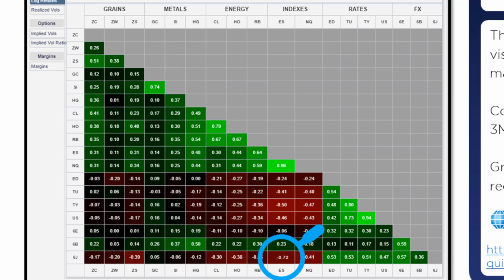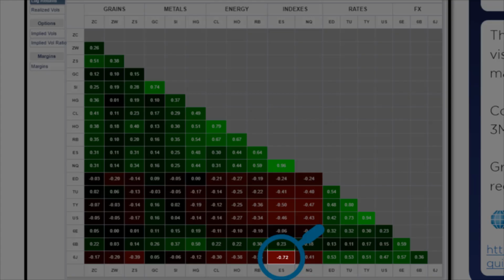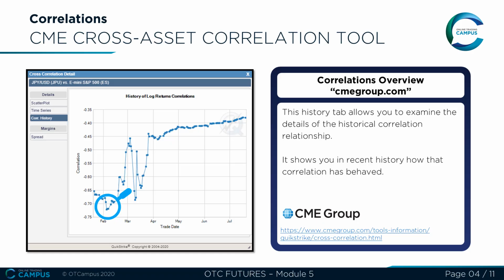If you look at this tool and you click on that red box, the one that is in this particular case labeled negative 0.72, it pulls up another window. This allows you to bore down a little bit more into the details of the correlation relationship. In this case, the correlation history tab that I chose shows you in recent history how the correlation has behaved.